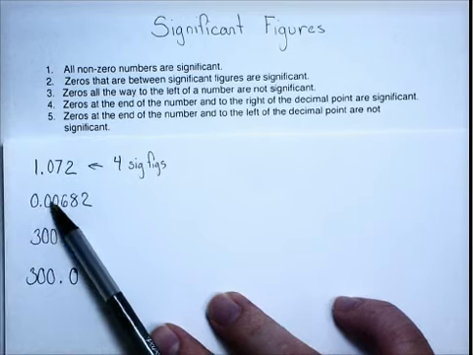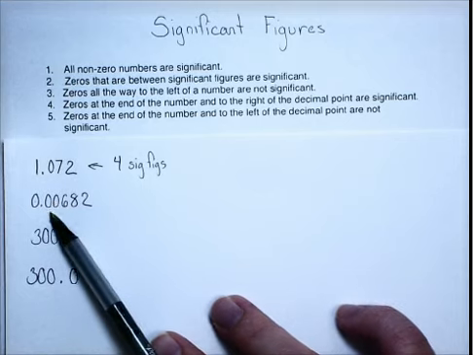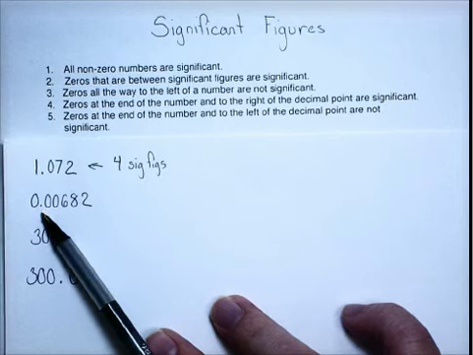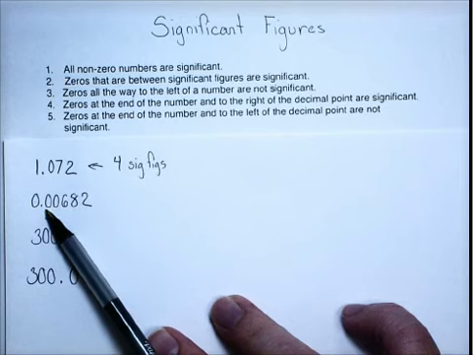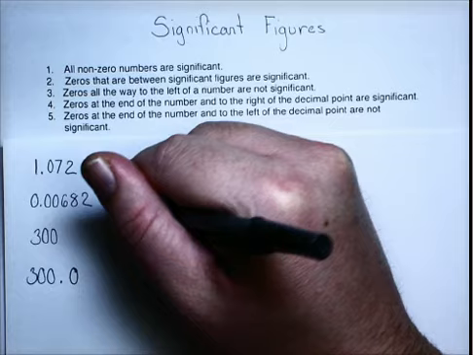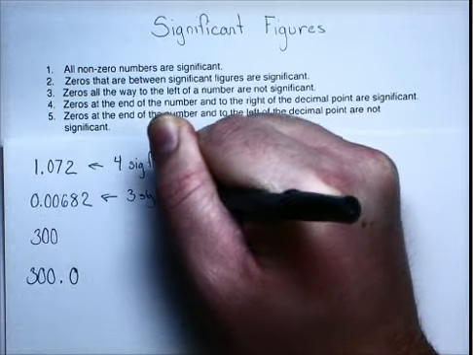So that 0 and that 0 don't count as significant figures. And what it boils down to is basically those zeros are just there to tell you where the decimal point should be. Any zeros you have that hold no other function other than to tell you where the decimal point is supposed to be are never going to be significant. So in this case, this number has 3 significant figures.